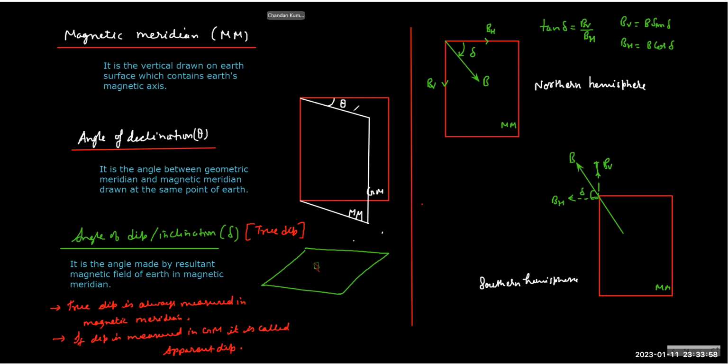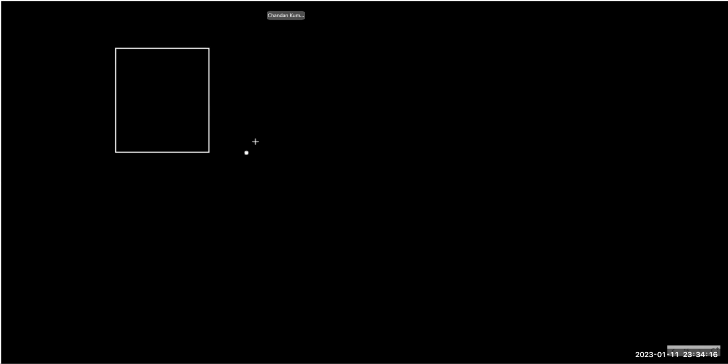So let me do it once again. To solve any question of earth magnetism, what should one be aware of? This diagram is called the base of all questions. Whenever you are attempting a question of earth magnetism, without much thinking, draw this diagram immediately.